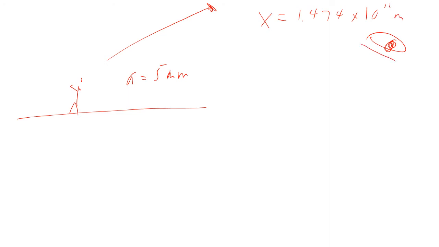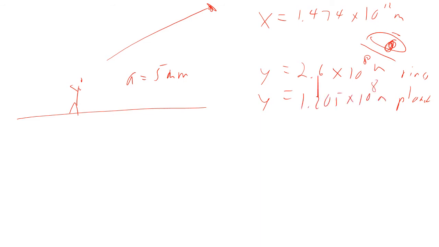The rings, if you look at the rings from one side to the other, y equals 2.6 times 10 to the 8th meters. And for the planet, y is 1.205 times 10 to the 8th meters.